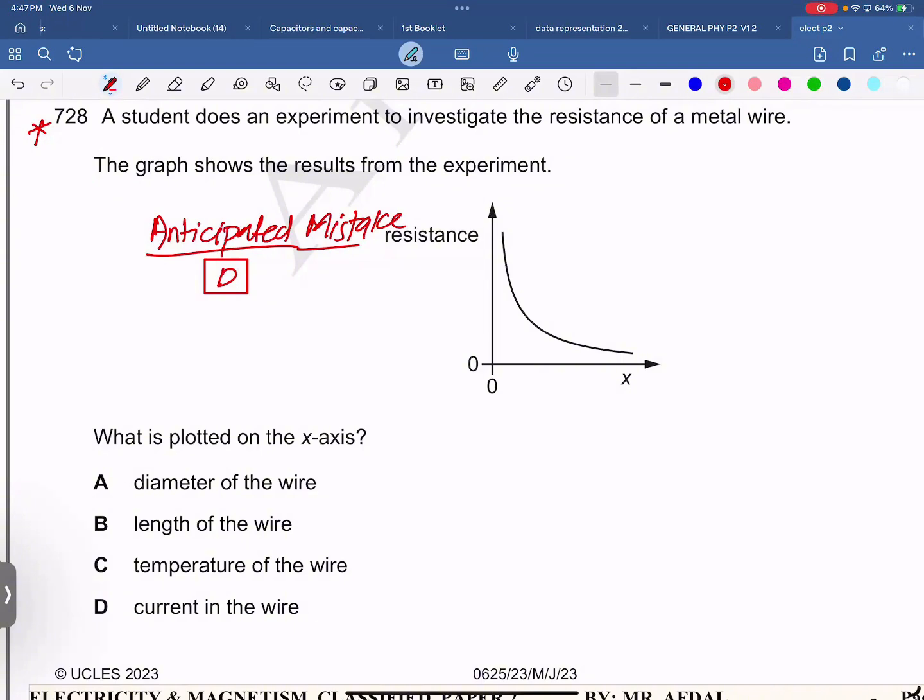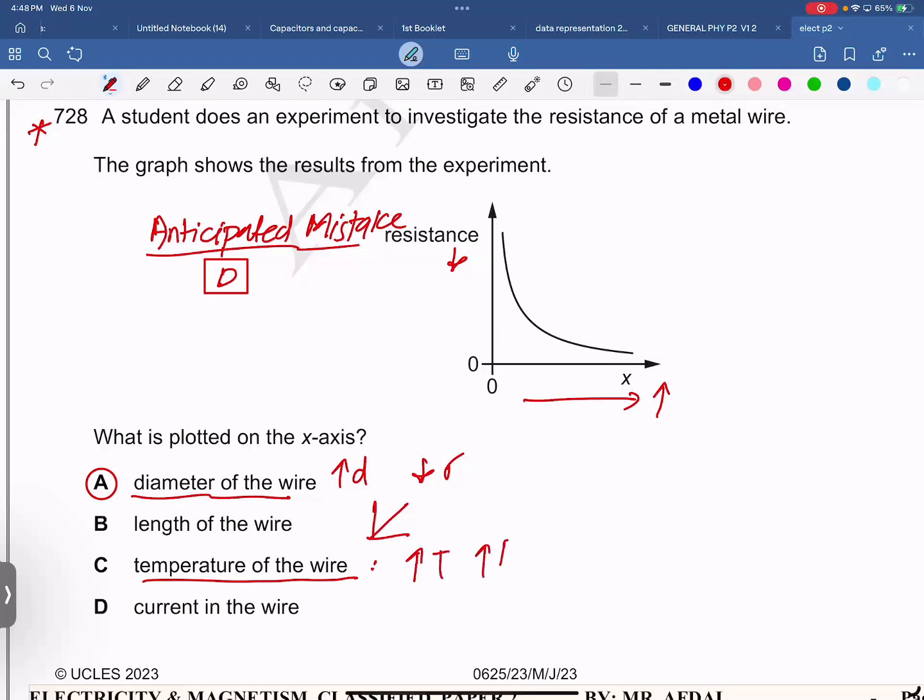But it doesn't mean if you make more current, resistance will decrease. No. So I will tell you the main concept. Something is increasing, resistance is decreasing. Diameter of wire, let's check. More diameter, less resistance. Yes, it is correct. Length, the length graph should be a straight line. Temperature: more temperature, more resistance.